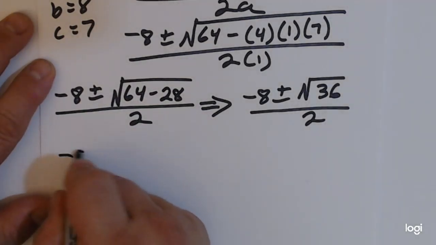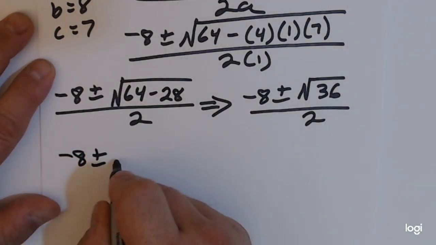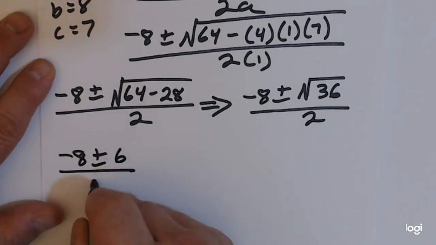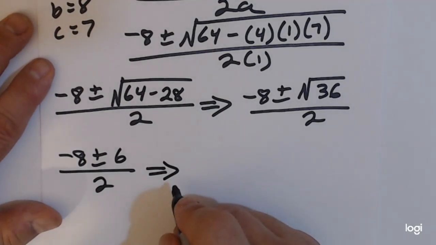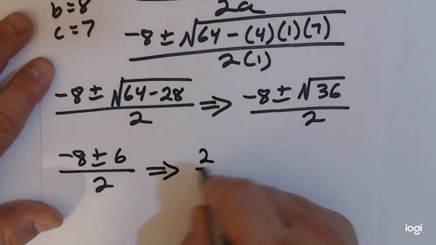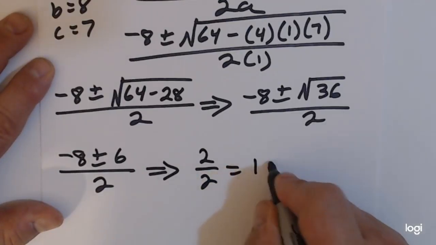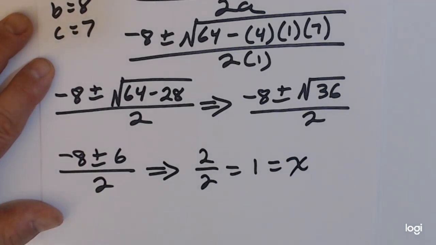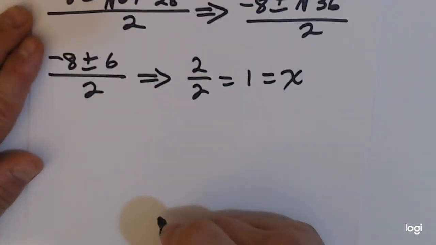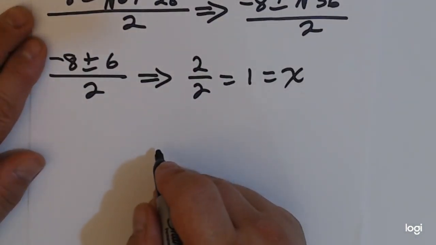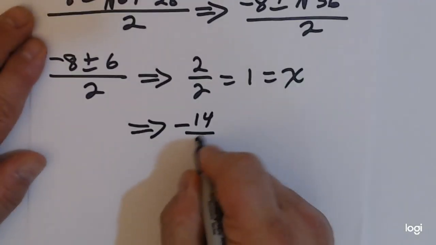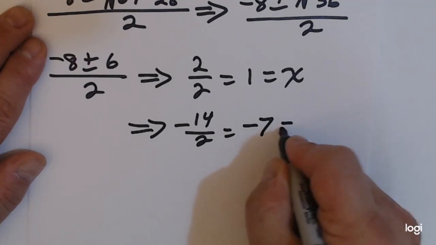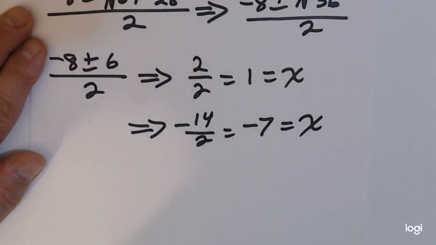So we get negative 8 plus or minus 6 over 2. So negative 8 plus 6 is 2 over 2, which is equal to 1 for x. And negative 8 minus 6 is negative 14 over 2, which is negative 7 for x.